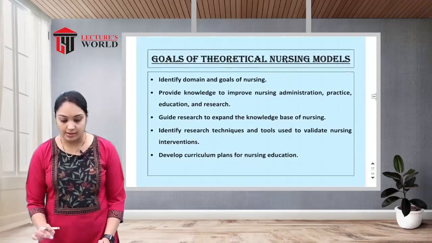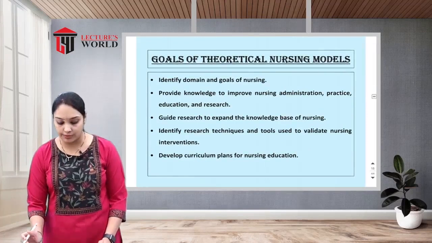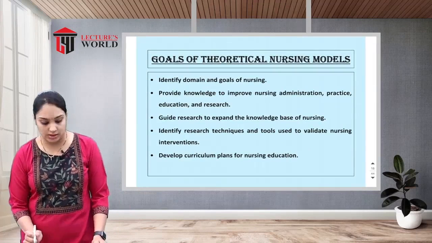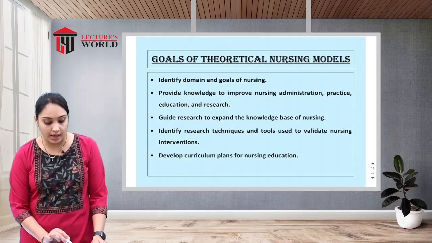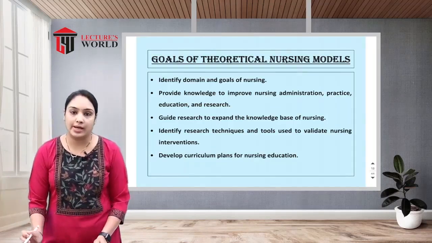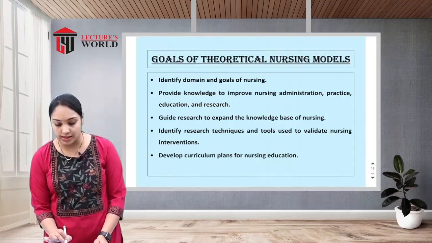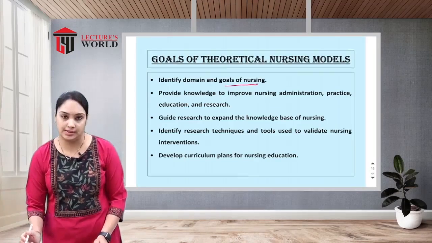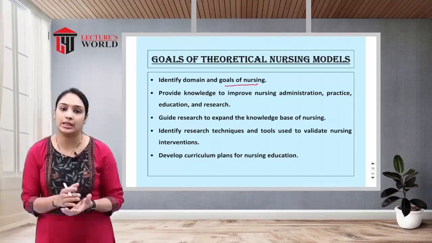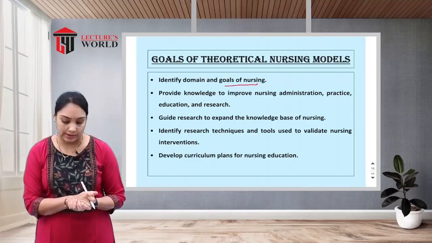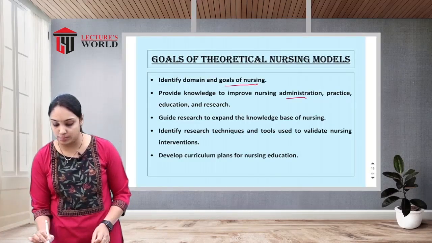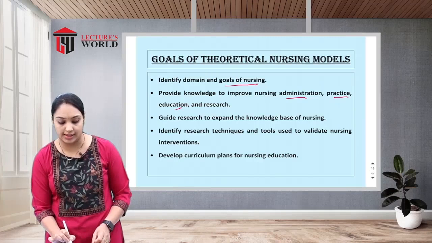Now we'll move to the next topic, the goals of theoretical nursing models. What are the goals of nursing theories? First, identify the domain and goals of nursing theories. We have to identify and plan what the goals of nursing are. Second, provide knowledge to improve nursing administration, practice, education, and research.